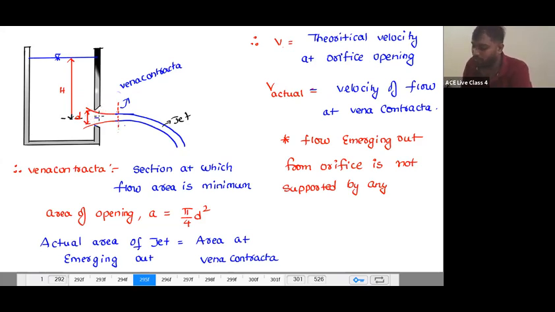Whatever the flow coming out is not going to be supported by anything. Then whatever the pressure at the top and the bottom, this pressure is known as atmospheric pressure. So this point is very, very important: the flow emerging out from the orifice is not supported by anything, so the pressure above and below is atmospheric pressure.